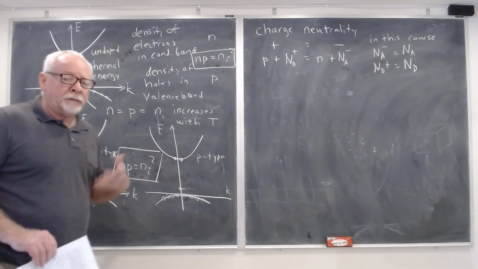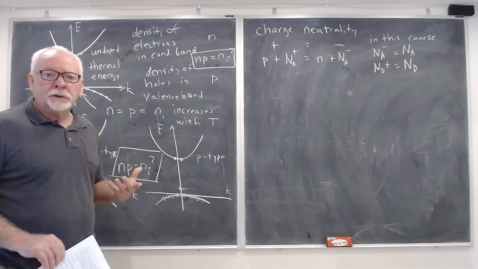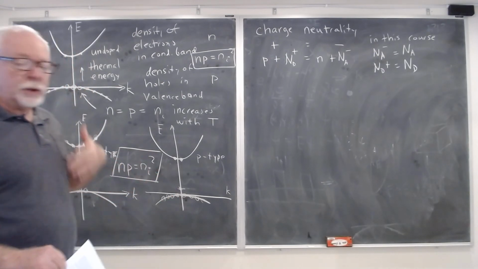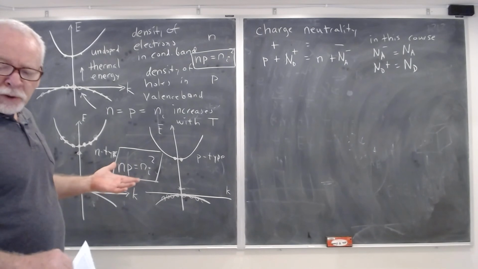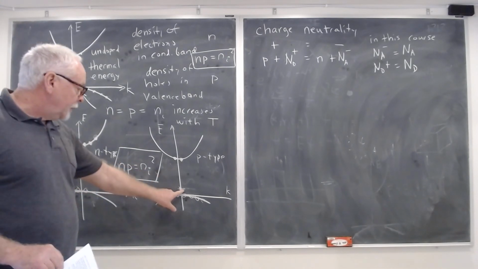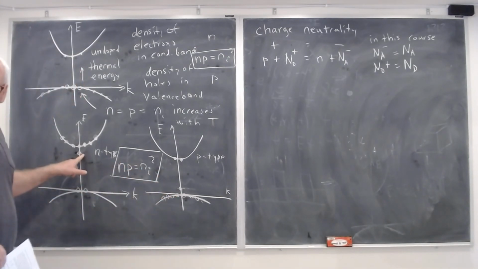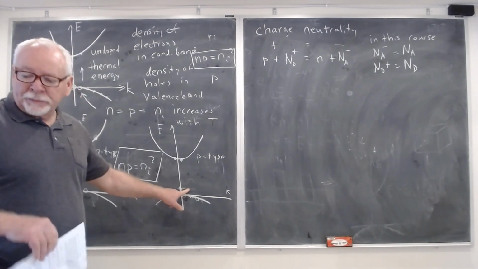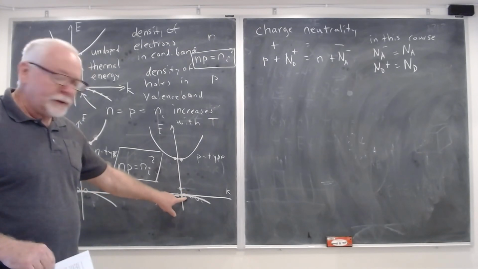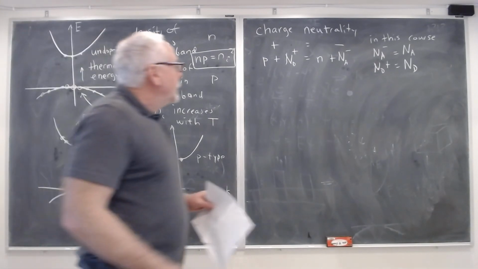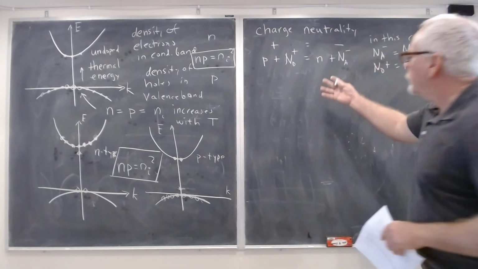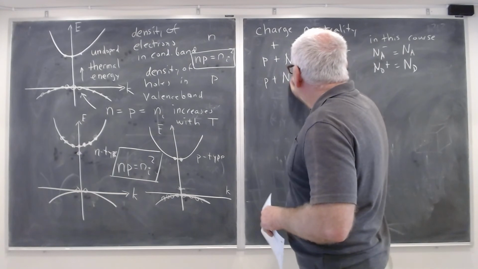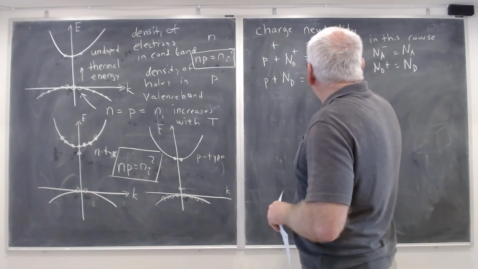In an advanced course in solid state devices, you can run into situations where that's not true. But in this course, we're going to assume that every donor atom has lost its electron, and every acceptor atom has accepted a valence electron from the valence band. And so we can write that p plus N_D is equal to n plus N_A.